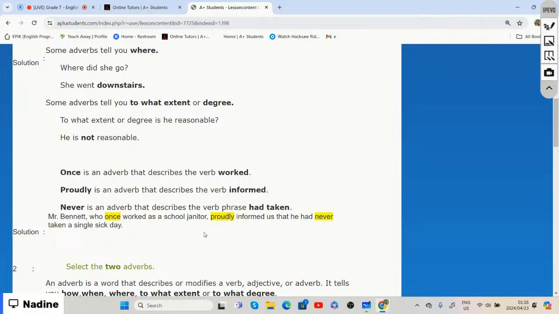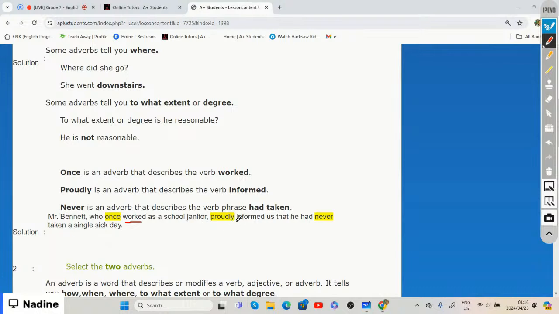Once describes the verb worked. Proudly describes the verb informed. And the verb phrase is had never taken. That is a verb phrase.